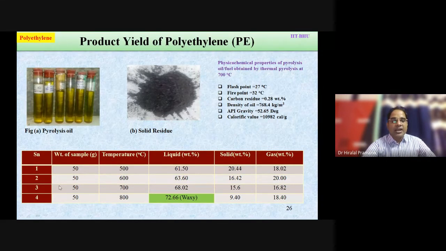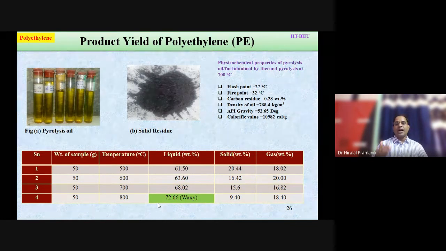Because the temperature was increased with a sample of 550 grams. At 700, you can see 68.2, and 800 gives a very high yield, 72.66, but it is waxy. Waxy means there are more higher paraffins, from C20 onwards, semi-solid, which separate as wax crystals.